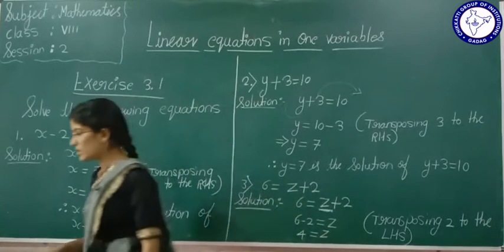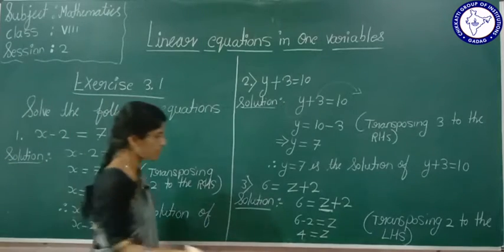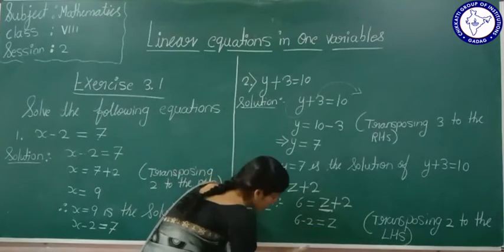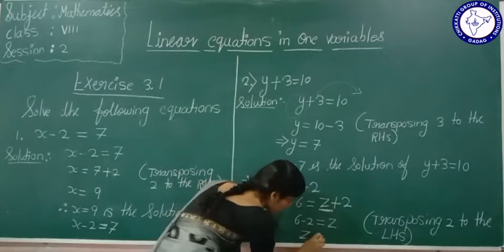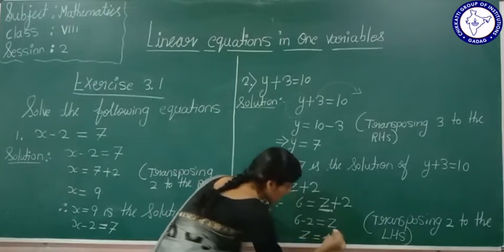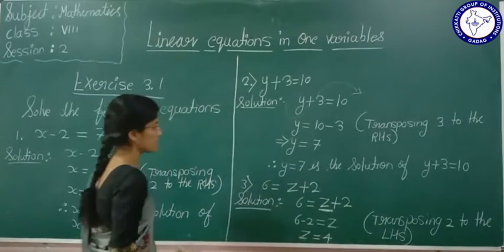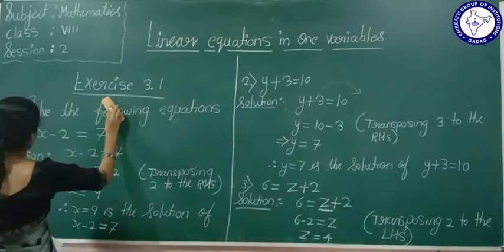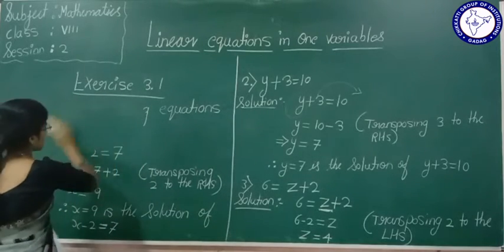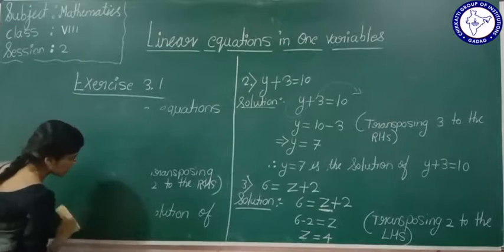We will always write the variable first. That is, z is equal to 4.